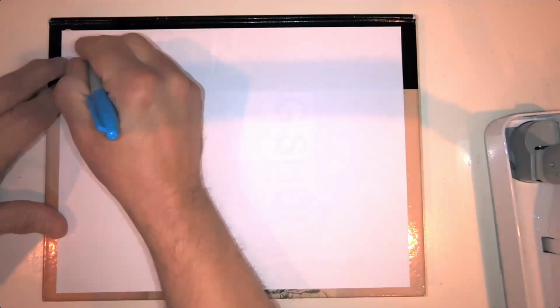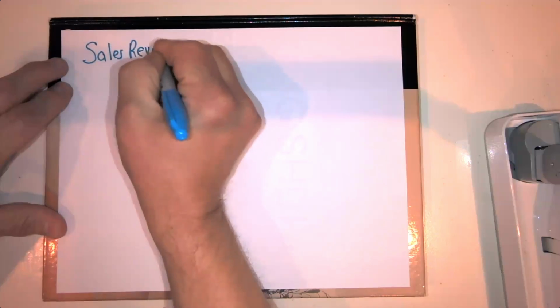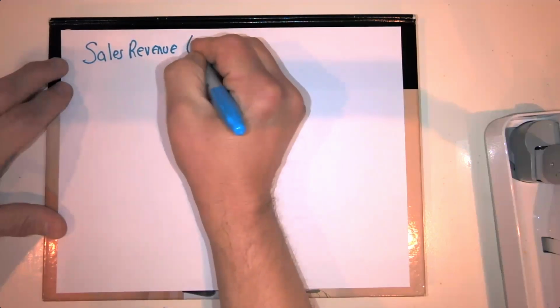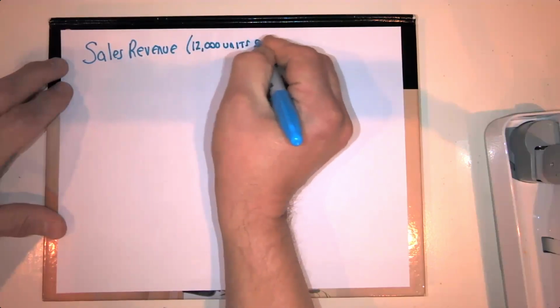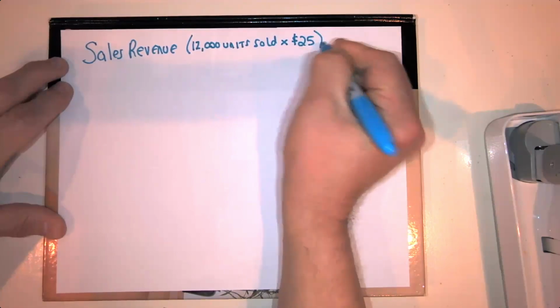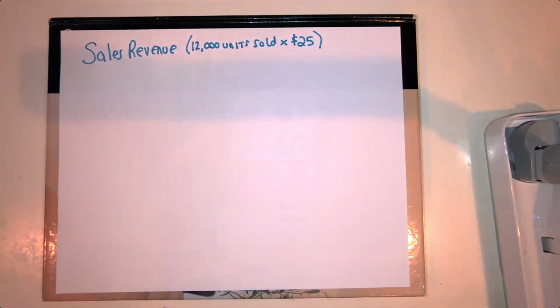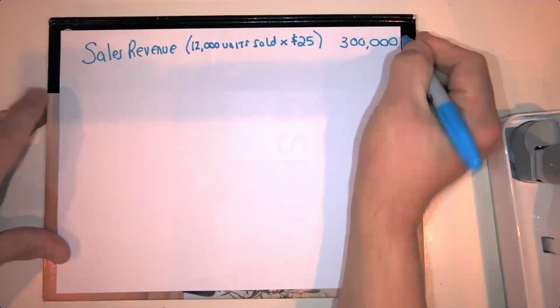Revenues minus expenses. And I can calculate my sales revenue, because I know that we sold 12,000 units. And we sold them for a selling price of $25 each. Which gave us sales revenue of $300,000.